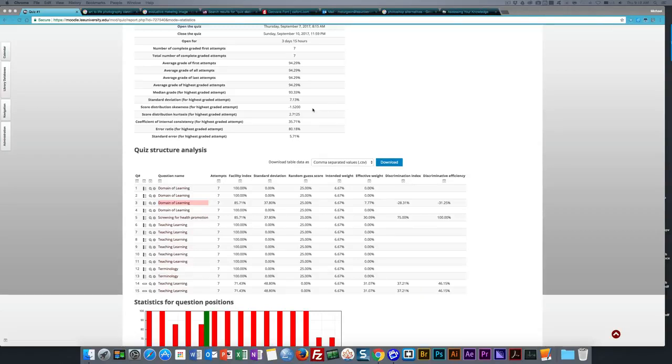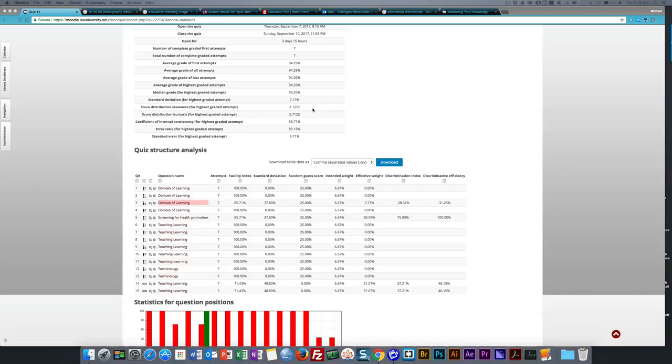Positive values mean a tail to the right, and negative values a tail to the left, coming out with a perfect bell curve, of course. You're most likely not going to get that very often, but the closer you get to 0, the better. So this is a negative 1.